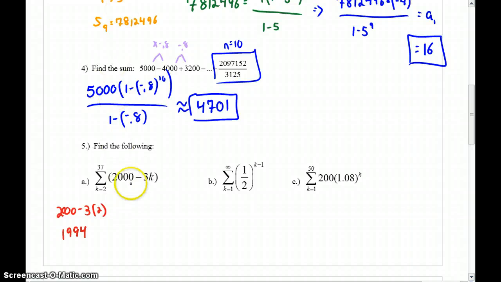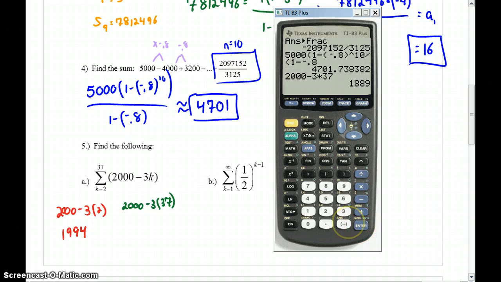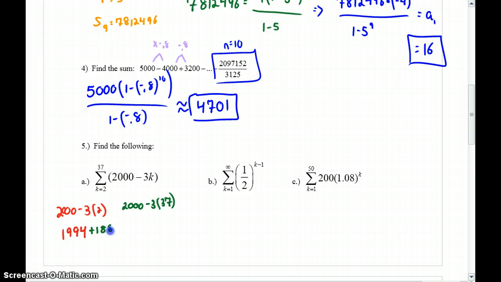The last term is 2,000 minus 3 times 37, which comes out to be 1,889. Now the number of terms is going to be 37 minus 2 plus 1, or 36 terms. If I started at 1, there'd be 37 terms.